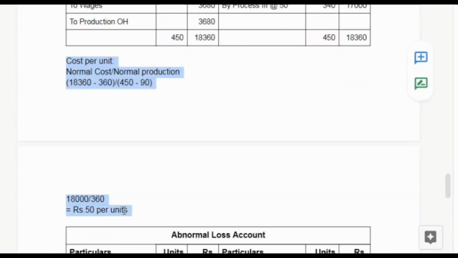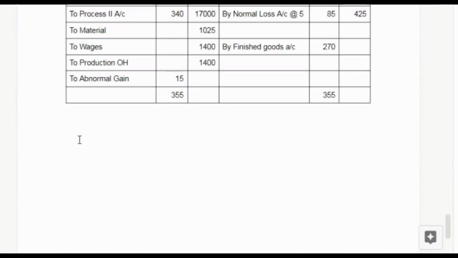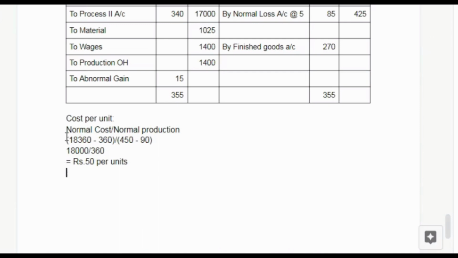The same formula is required to be utilized here. Clear? So normal cost divided by normal production. Here normal cost means the total of this. And mind well, we cannot write the total here because we don't know this figure. So after finalizing this amount, we will put this total here.